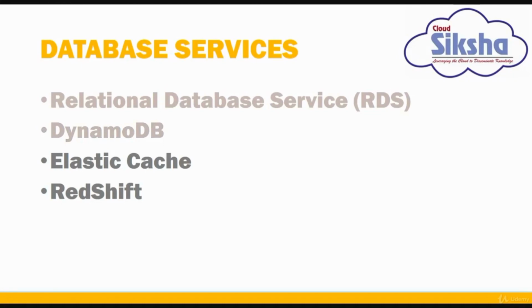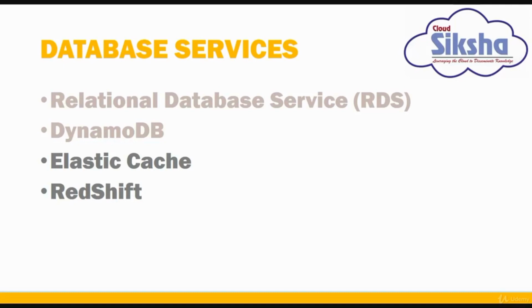Another important database-related service that AWS provides is ElastiCache. We know that caching is a very important part when you work with databases. You don't want to always go to the disk to retrieve your data. Therefore, if you have in-memory caching, that would be very helpful for you.